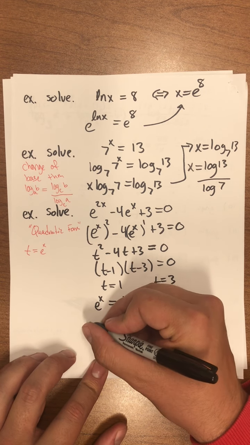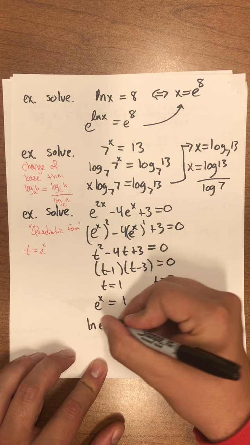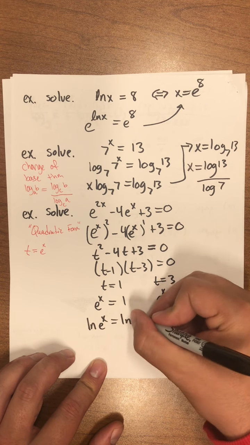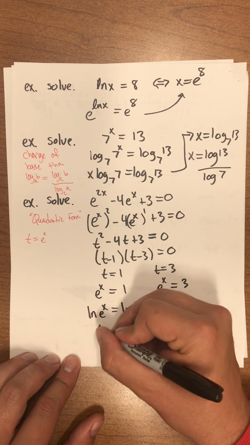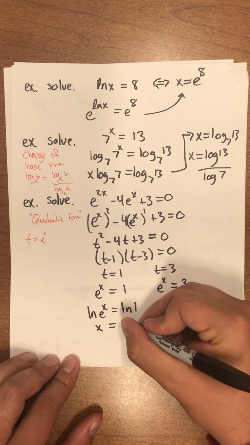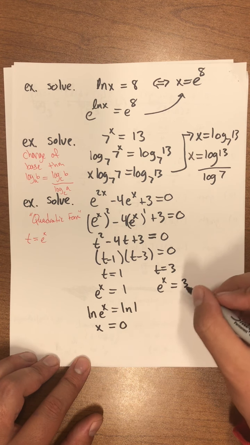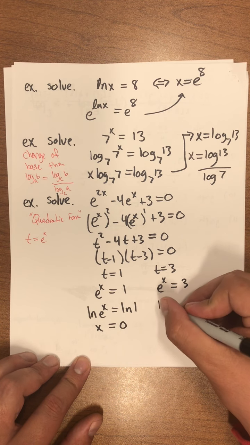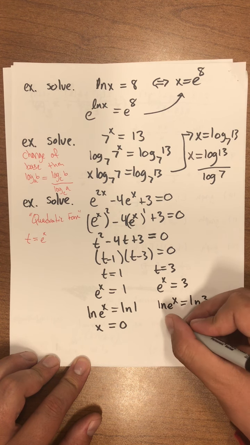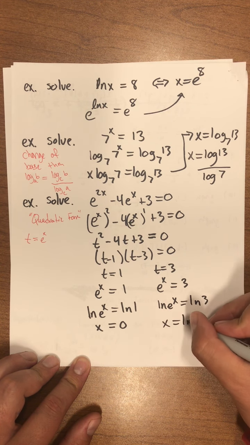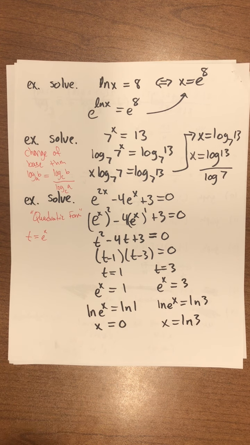So take the natural log of both sides, so natural log of e to the x equals the natural log of 1. The natural log of e to the x is just x, and the natural log of 1 is 0. And then let's finish this one out. So the natural log of e to the x equals the natural log of 3. x equals the natural log of 3.